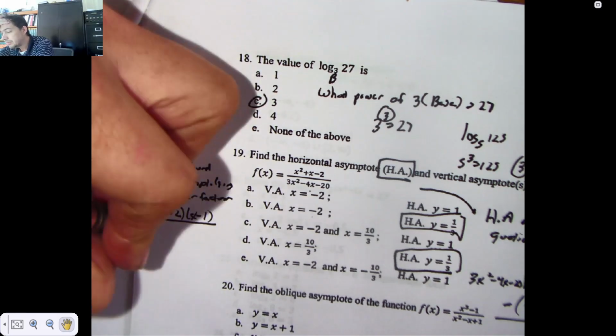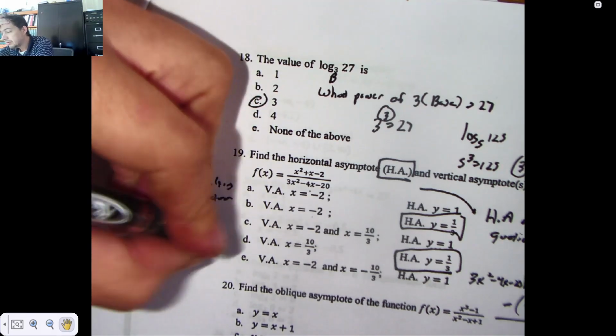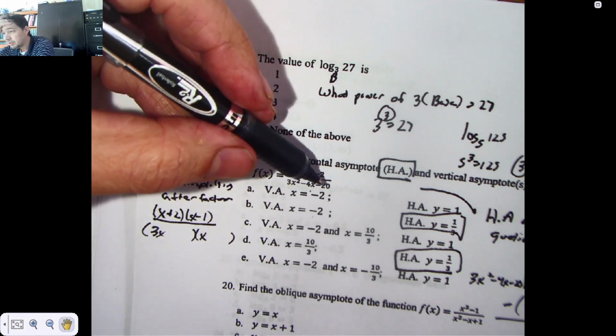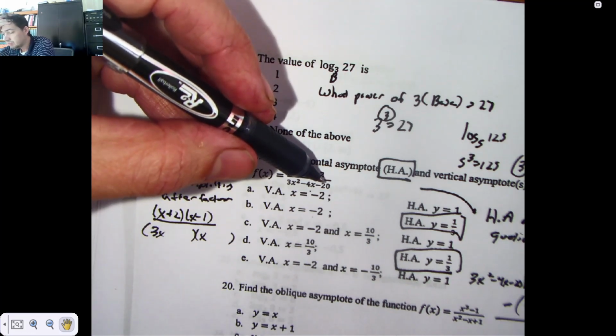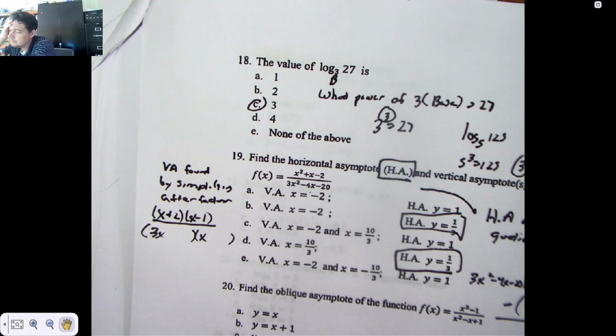Our denominator is going to be 3x and an x. Factors of 20 are 5 and 4, right? Which doesn't work. 2 and 10 doesn't work. It's got to work. No, I'm just being stupid. Yeah, it's 2 and 10.